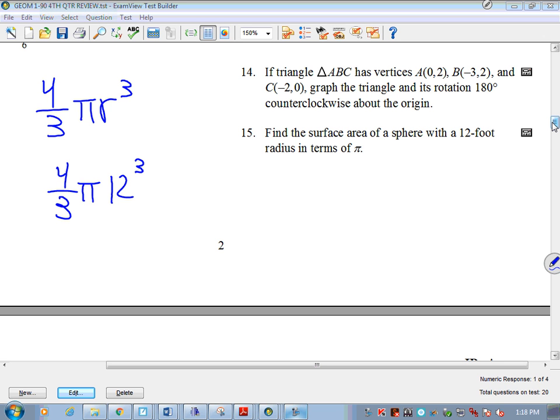Okay. What is 12 to the third times 4 divided by 3? 2,304 pi feet cubed, cubic feet. Is that the answer? No. Is 2,304 just 12 cubed?